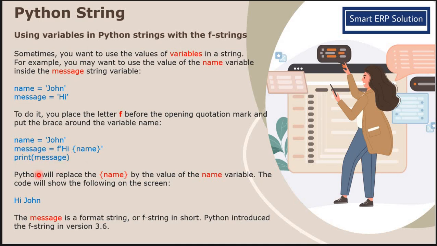If we run this program, Python will replace this name variable by the value of the name variable. The code will show the following on the screen. Hi John is the output. The name will be replaced with the word John. The message is a format string, or F string in short. Python introduced the F string in version 3.6.